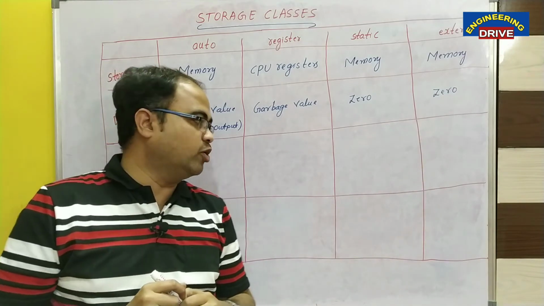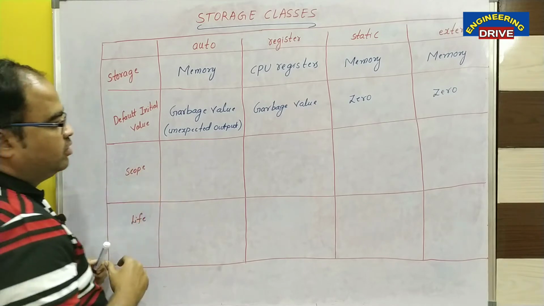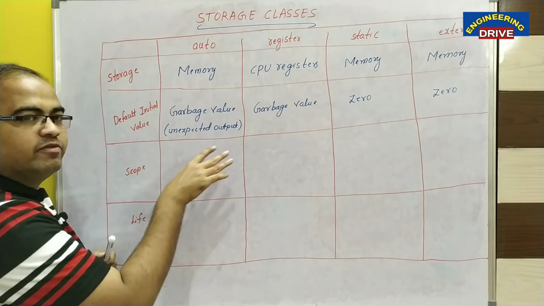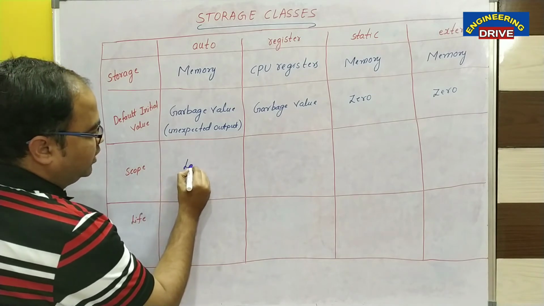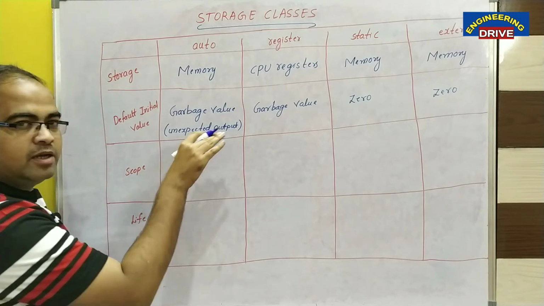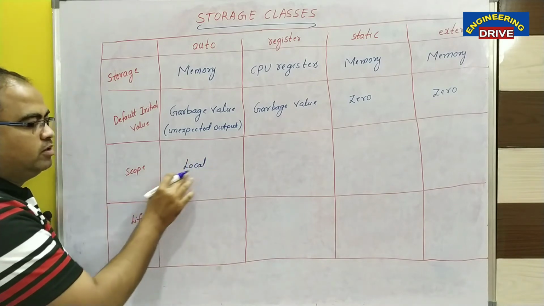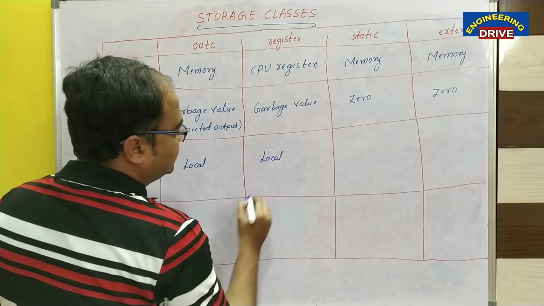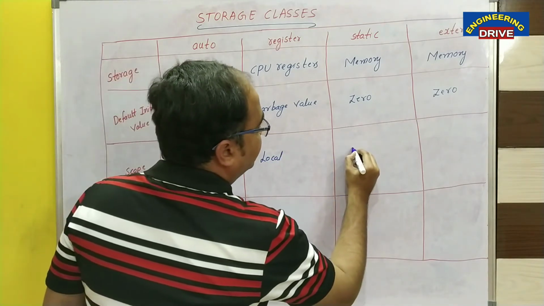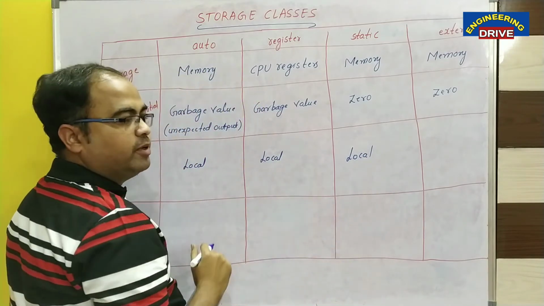Next, coming to the scope of the variable, how long the variable will be visible in the program. So the scope of the auto storage class will be local only. It will be visible within a particular part of a function or a particular block. Here also the variable belonging to register storage class has local scope, and the variable belonging to static storage class also has local scope.